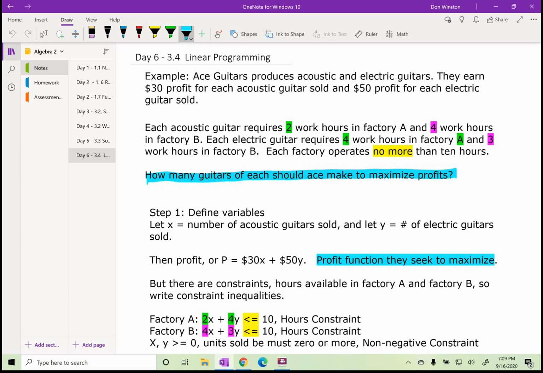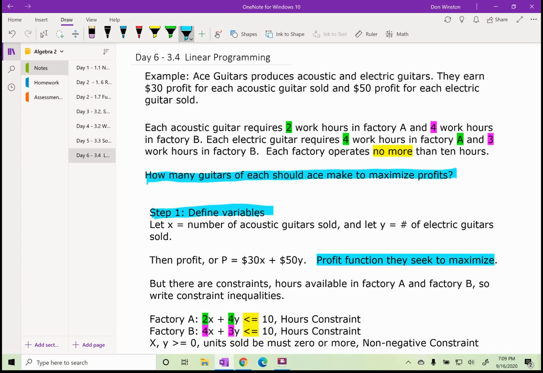So step 1, again, we define our variables. That's important. And you don't have to worry about many word problems with linear programming for homework, okay? I'm not going to give you any. I'll just give you the nitty-gritty of working with linear programming without word problems. So anyway, first one, define the variables.